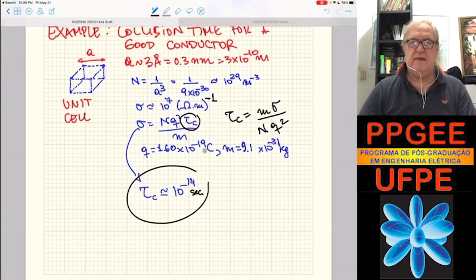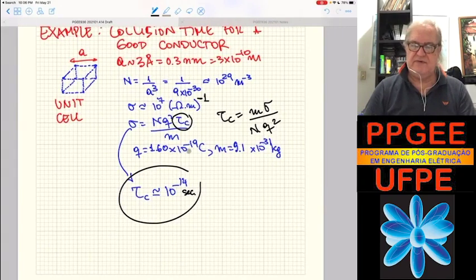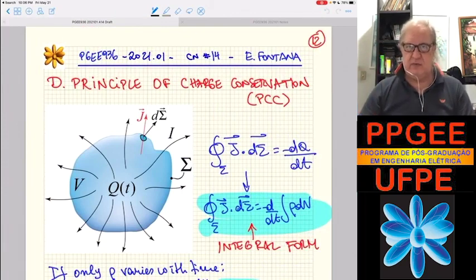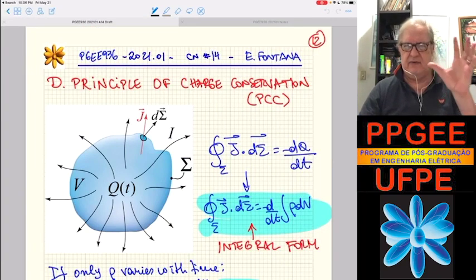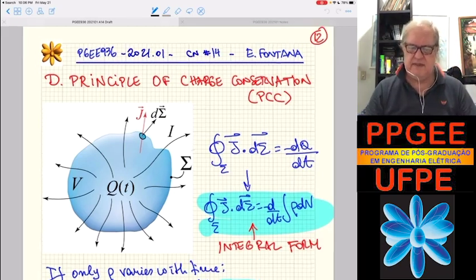Okay, now we are ready to arrive at the principle of charge conservation, which has an impact in one of the Maxwell's equations. We are going to explore this further when we talk about Faraday's law and displacement currents and the Maxwell's equations.